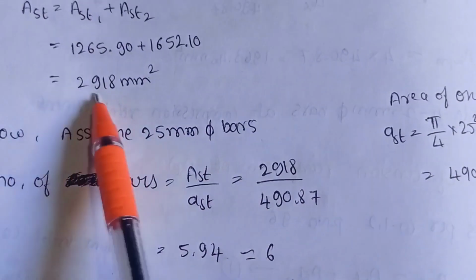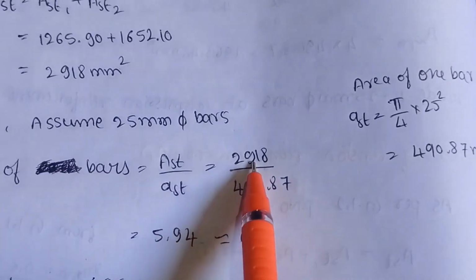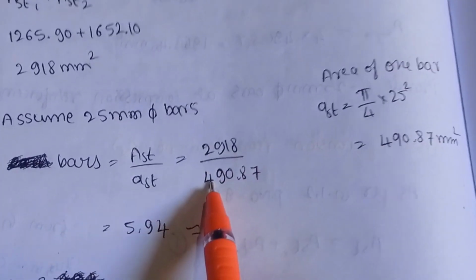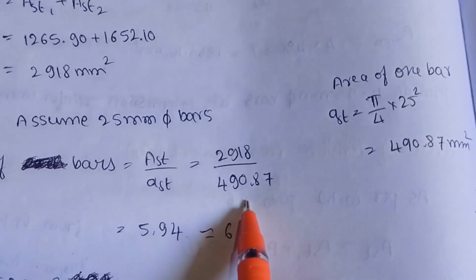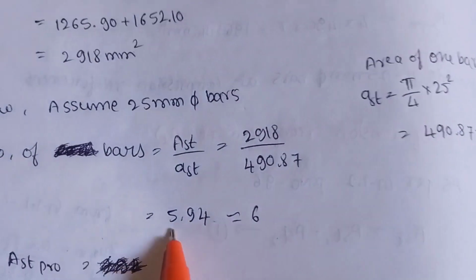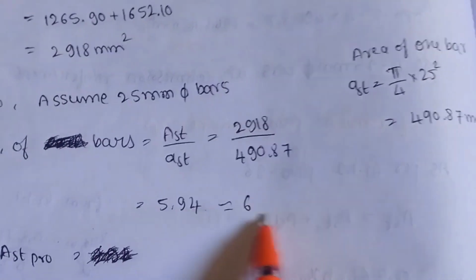Our AST, which we have got just now, is 2918, divided by 490.87. After simplifying we get the number of bars as 5.94. We cannot provide 5.94 bars, so I am taking it as 6 numbers.